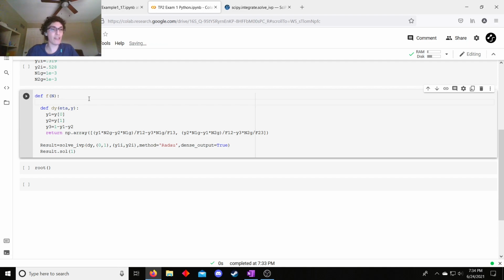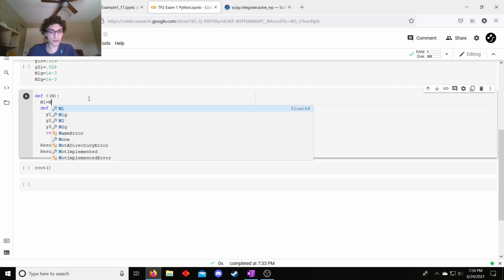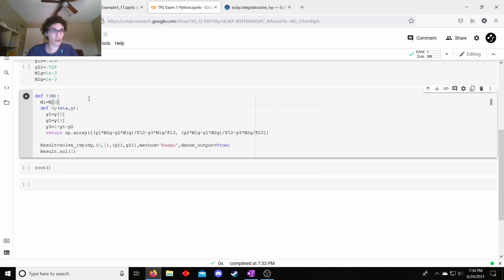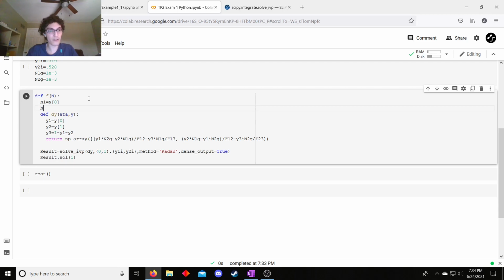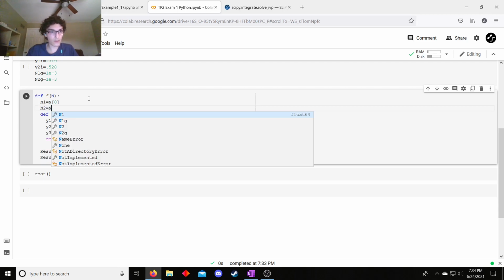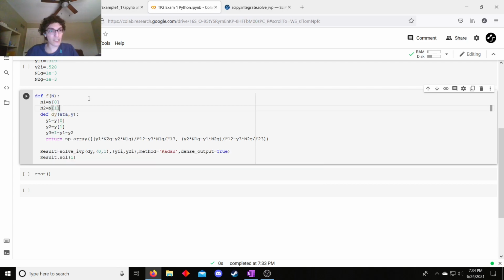So n is an array, and we're going to do the same thing we did for the array of y. We'll call n1 equal to the 0th index of the array. This is just to make things easier for me. Okay. We're going to return this.